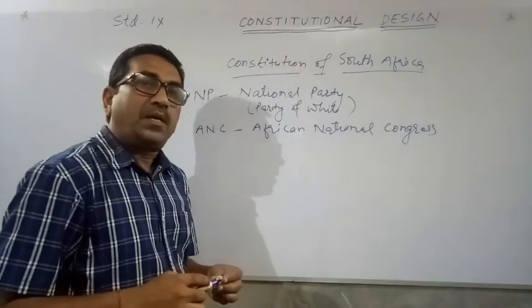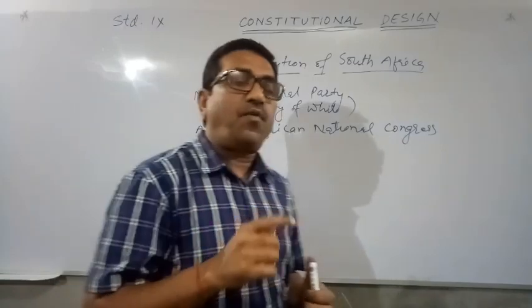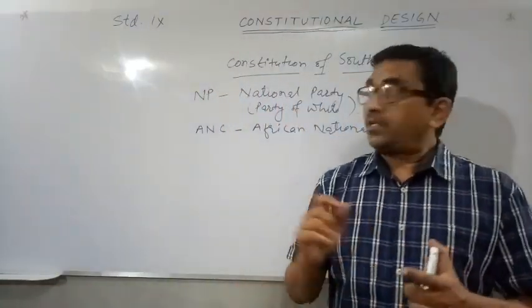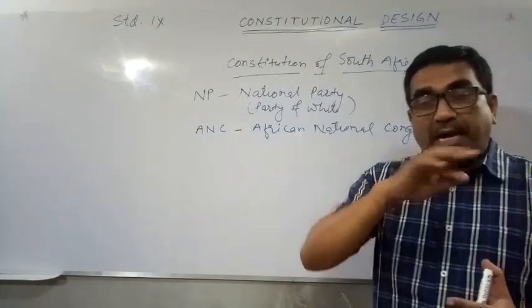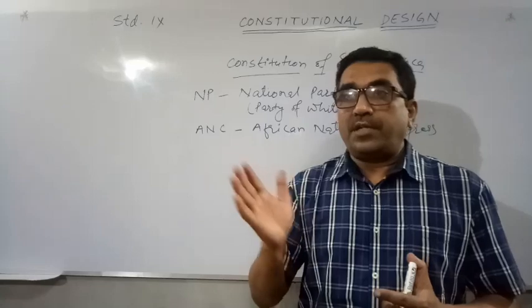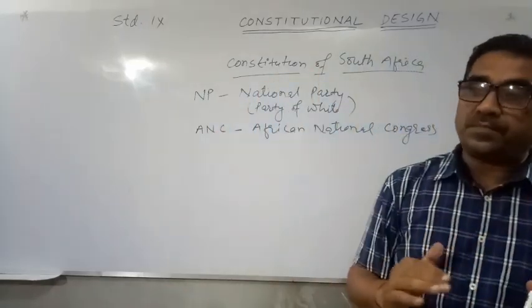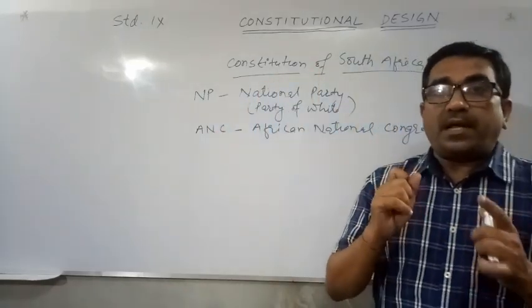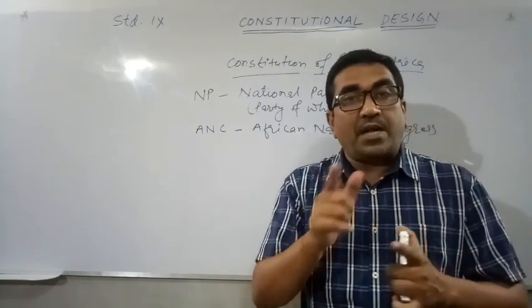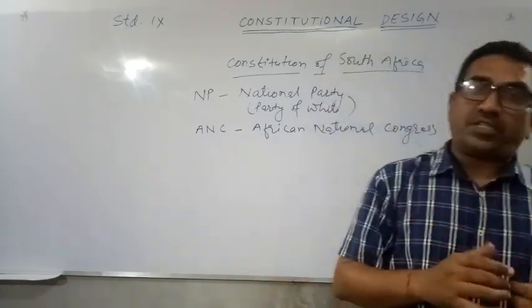This party had fought against apartheid because the NP had been the ruling party since 1948. The party was formed earlier, but since then it was aggressively implementing the apartheid policy, segregation policies.